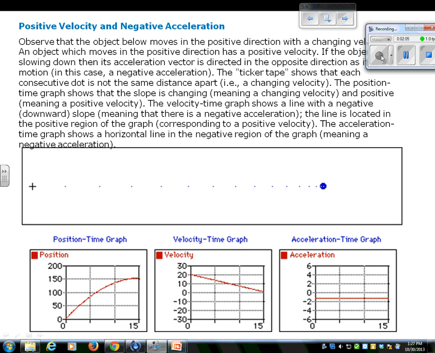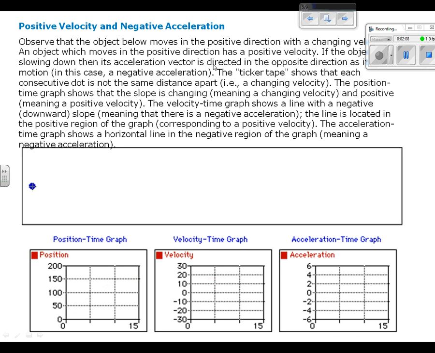Okay, so positive velocity, negative acceleration. Positive velocity means that it's moving to the right. Negative acceleration means that the acceleration is to the left, and so this object is going to be slowing down.